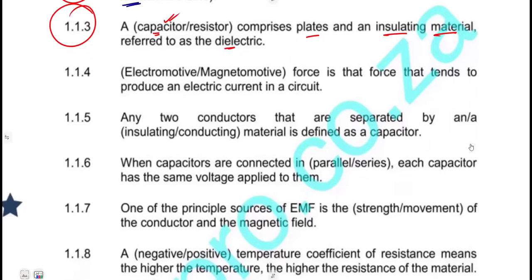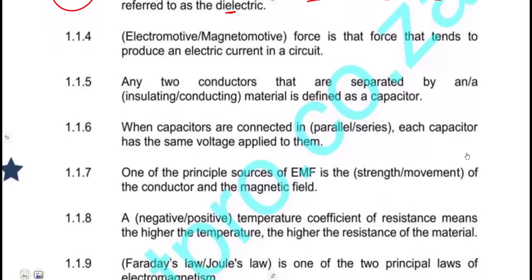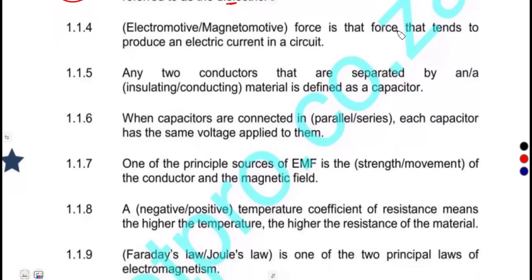All right, then 1.1.4, which one of these is a force that tends to produce an electric current in a circuit? So to have electric current, it must be the electromotive force.